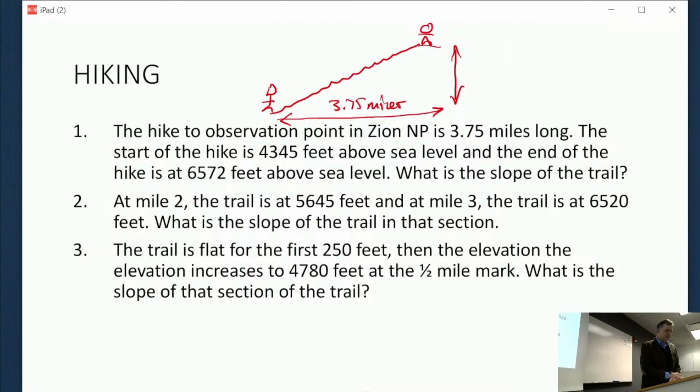So I want to know, how steep is this trail? What's the slope of this trail? Slope is rise over run, isn't it? So let's figure out how steep that trail is. I guess I need to know the rise. So I'll give you a minute, see if you can figure out what your vertical difference is there.